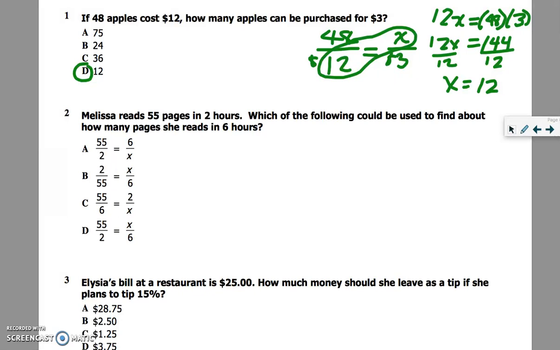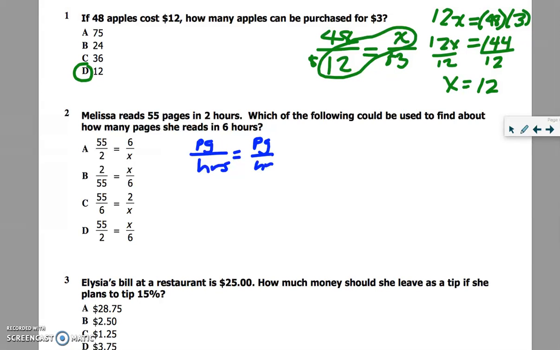Okay, so Melissa reads 55 pages in 2 hours. Which of the following could be used to find about how many pages she reads in 6 hours? Again, we want to compare pages to hours, or vice versa. Pages is to hours as pages are to hours.